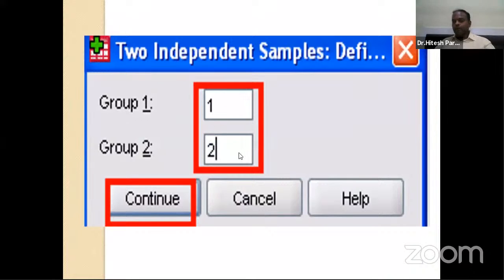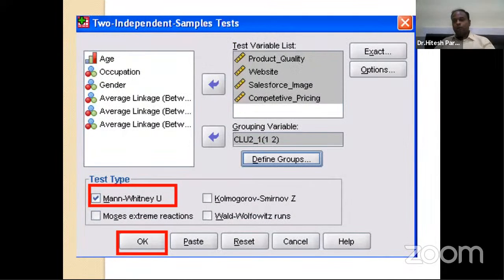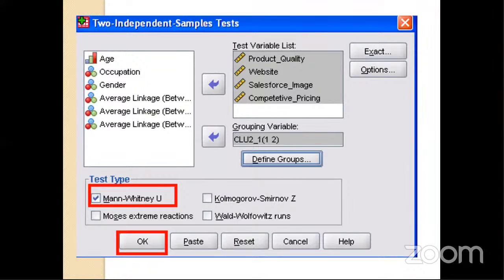Group 1 is 1 and group 2 is 2. Continue and just give OK. There is a default tick mark on the Mann-Whitney U test. This test is the non-parametric equivalent of the independent sample t-test.